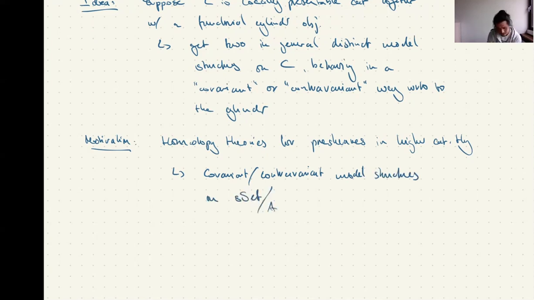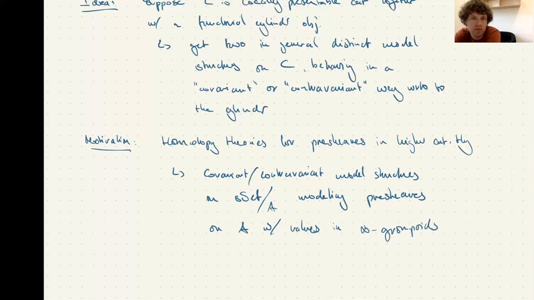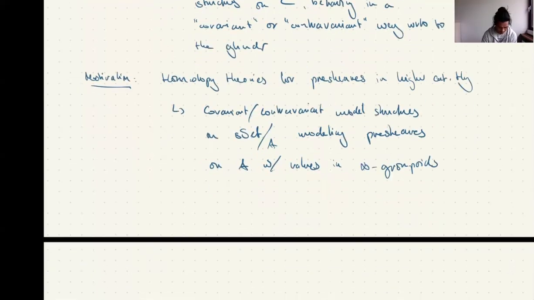Simplicial sets sliced over a simplicial set. And these are supposed to model pre-sheaves on an infinity category A with values in infinity groupoids. And another example is, so these model structures are due to Joyal.